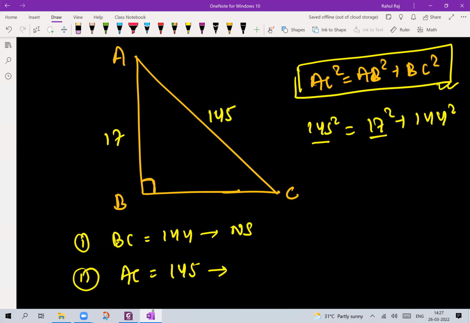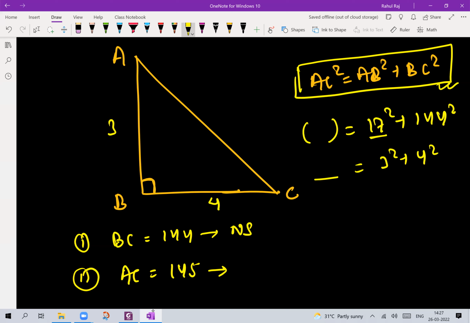We can also say that 144 square is equal to 17 square plus something, right? Like we don't know what side is what. But we don't know what is the value of AC, no? Okay. So imagine this triangle is 3, 4, 5. You forget about 17, 144, 145. Imagine this is 3 and this is 4. You know that AB square is 3 square. You know that BC square is 4 square.